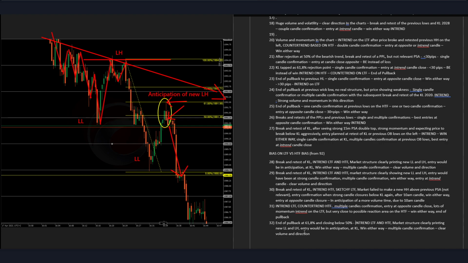In trend, lower high, lower low, and we will be in anticipation of a new lower high printed. We need a way, single candle confirmation, clear volume, best entry will be at in trend candle closure.